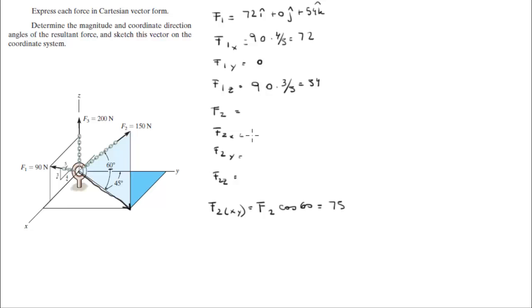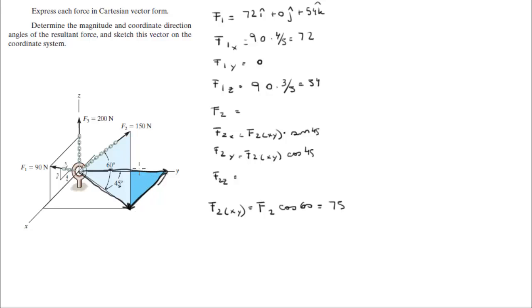Now that you have this projection, you can find the X and Y components. The X is going to be the projection times the sine of 45, because we're given this angle right here. And the Y is going to be the projection times the cosine of 45. In other words, this is the Y component and this is the X component.